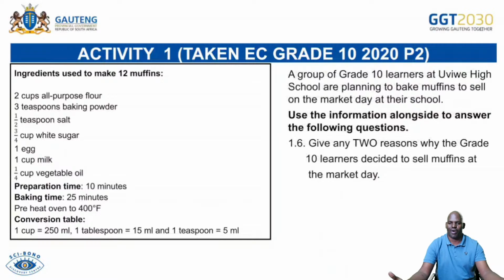They wanted to raise funds maybe for a certain function or a school excursion. That is just my reason, but you might have your own. It could be fundraising for the excursion, or to buy a textbook or stationery.